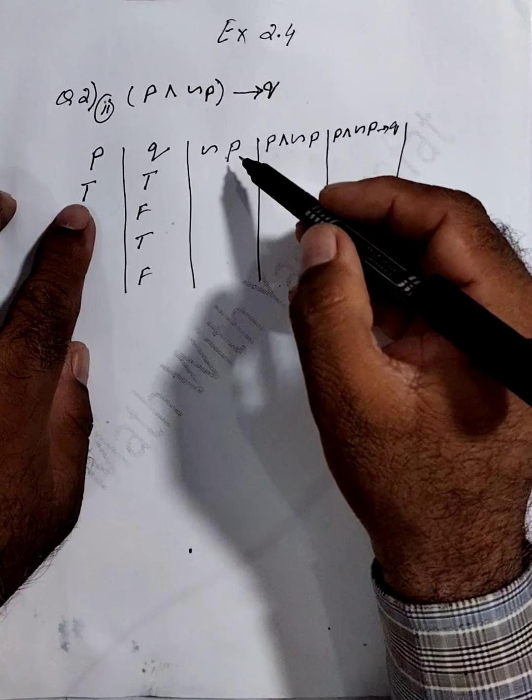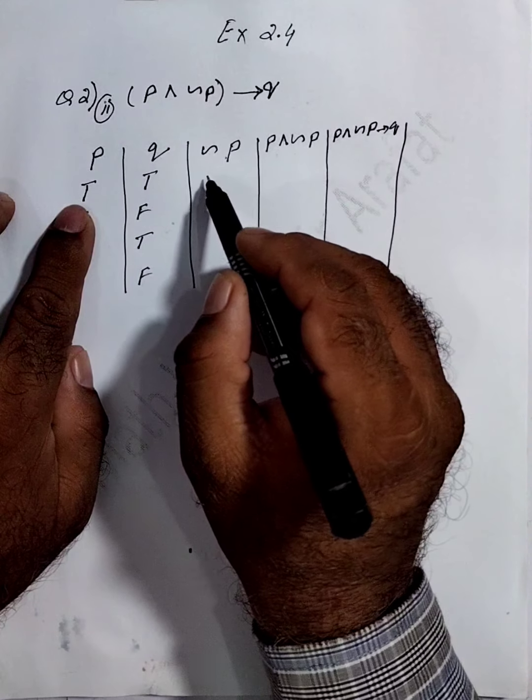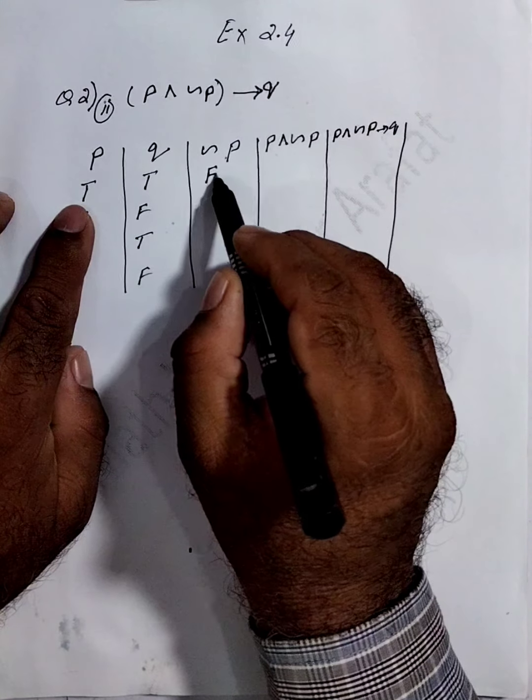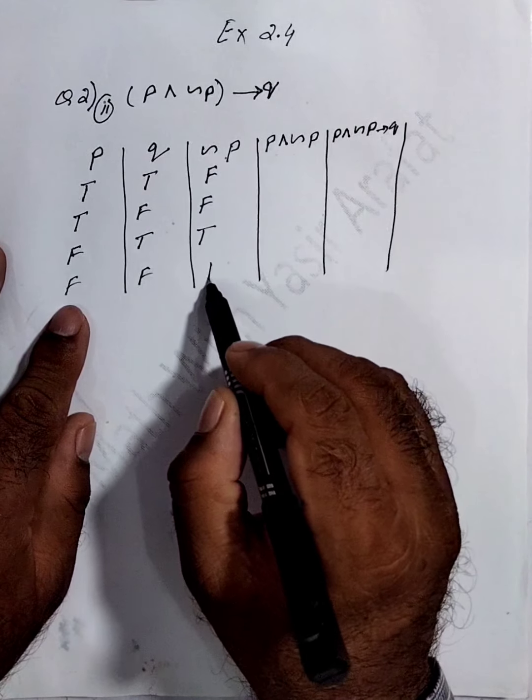Negation P means true will change into false and false will change into true. So this is true, it will be false, false, true, and true.